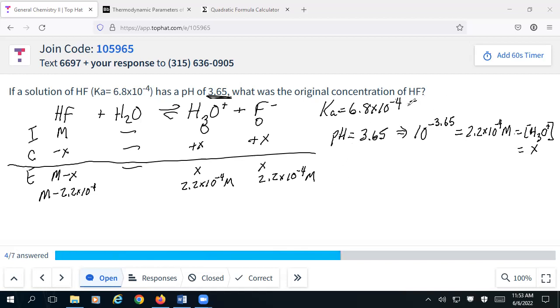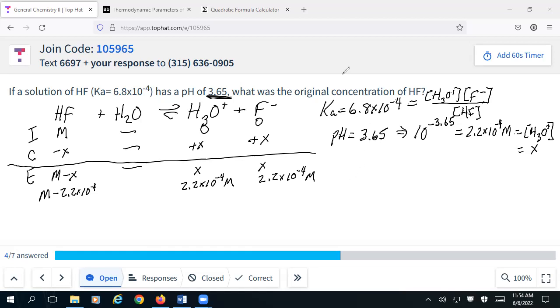Ka was going to be equal to the concentration of the hydronium times the fluoride over HF. And now I have values for all of those other than HF.